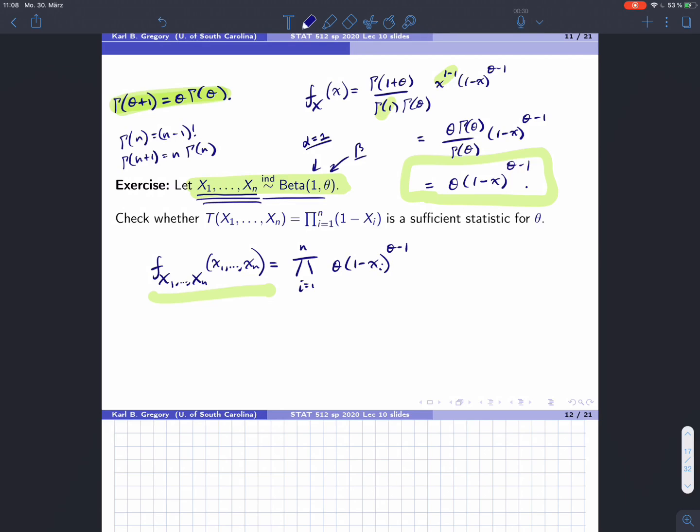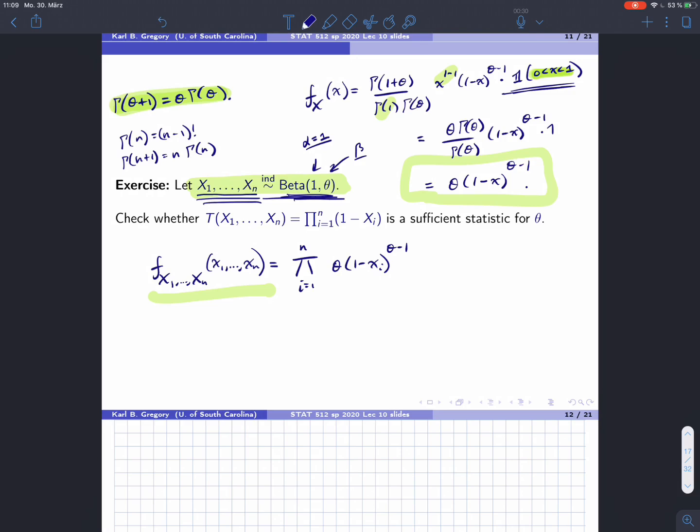And it might be useful to remind ourselves of the support of the beta distribution. I think it's especially useful when we're using the factorization theorem to include, whenever we write down the density, an indicator function which tells us the support. Okay, so I know that the beta distribution has support on the interval 0 to 1.